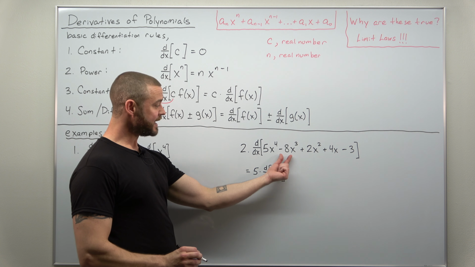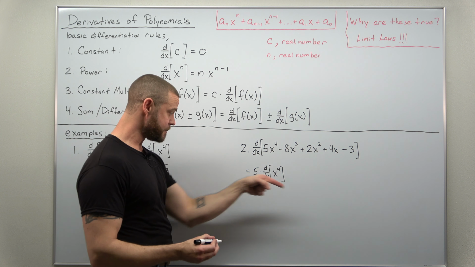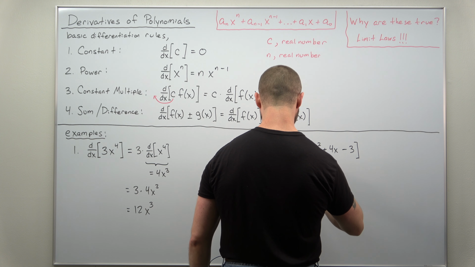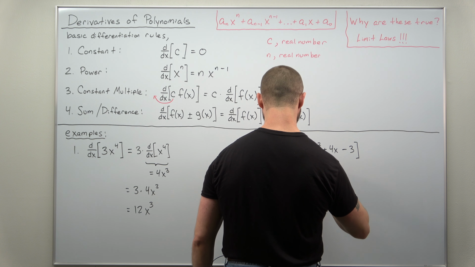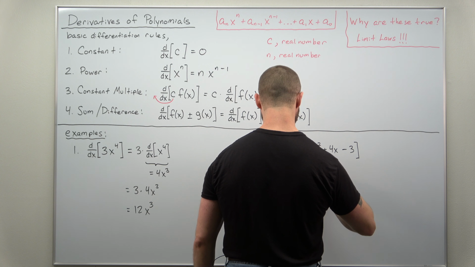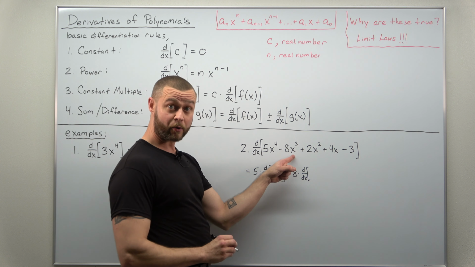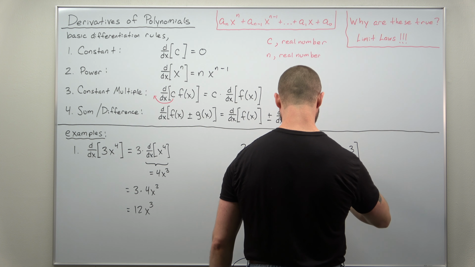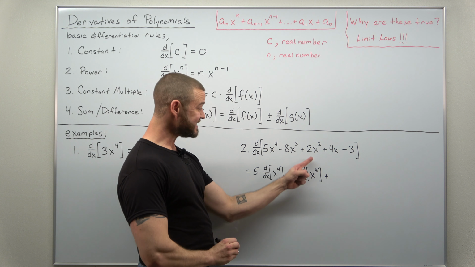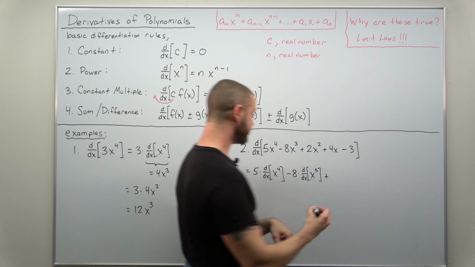All right, next I'm going to take the next coefficient, -8, pull that in front of the derivative. So I'll write that as -8 times the derivative of the power of x, x cubed. All right, next I can take the coefficient 2, pull that in front of the derivative.